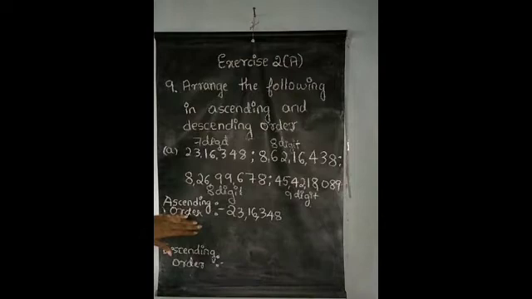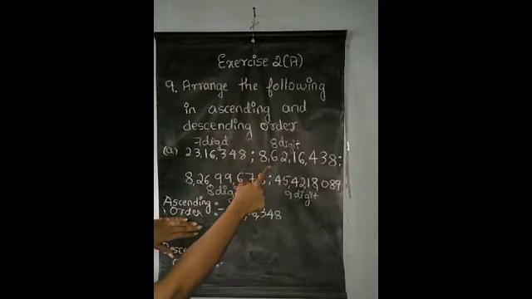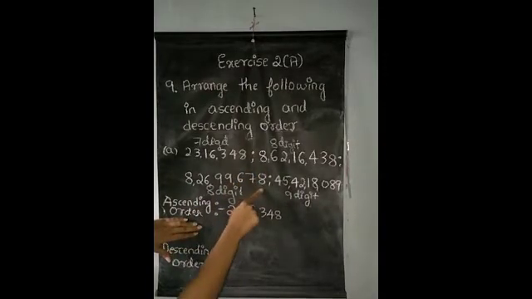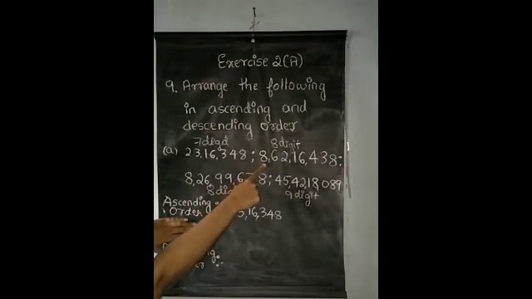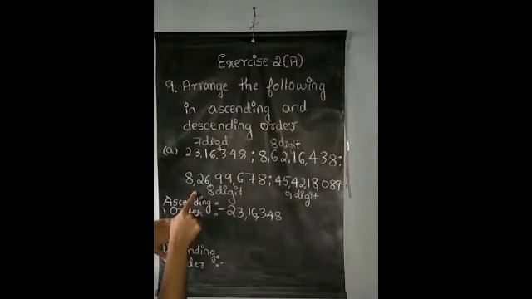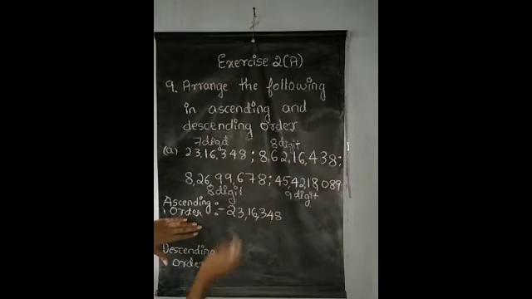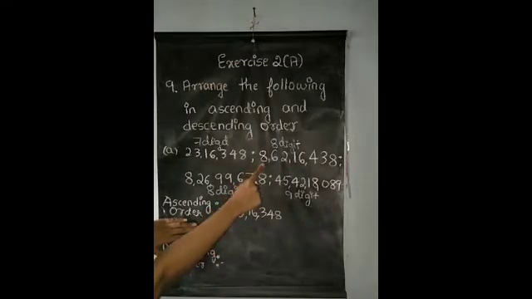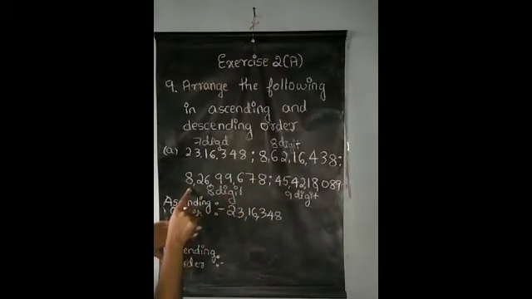Next we have to find out among these which number is the smallest number. Here 8 digit number is the smallest number. But this number also has 8 digits and this number also has 8 digits. If numbers have an equal number of digits, then we have to compare the leftmost digit which is in crores place. Here 8 at crores place and here also 8 at crores place.